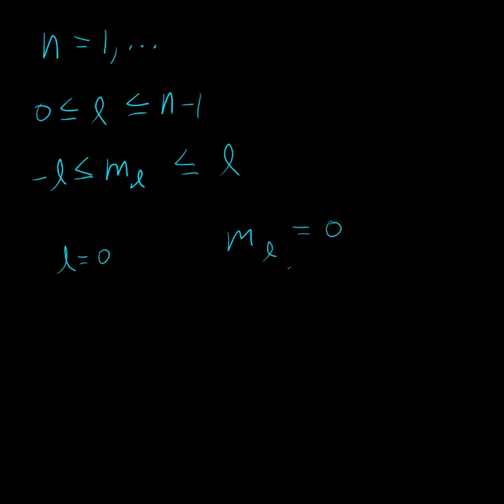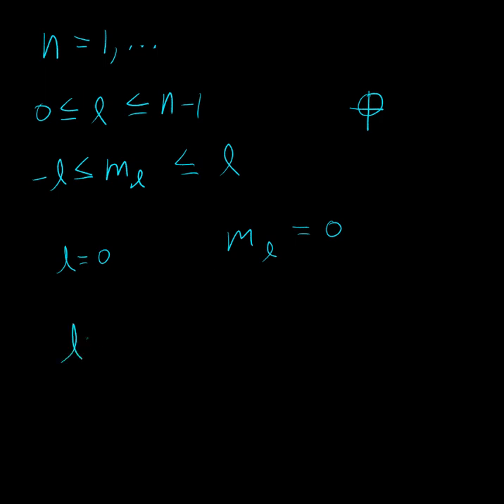Well, just 0. And so that's why we only have one orientation for the case where L equals 0. So that m sub L is telling us there's only one way we can orient an L of 0, and that will be about the origin. We'll have our sphere located about the origin, or at the center.